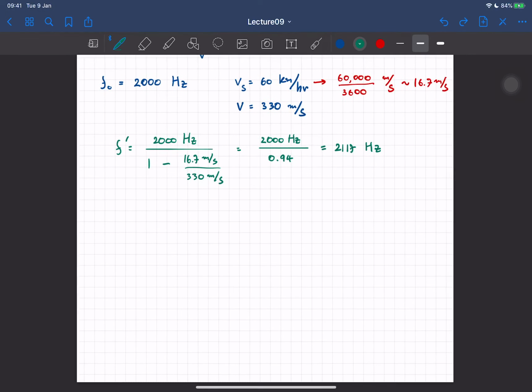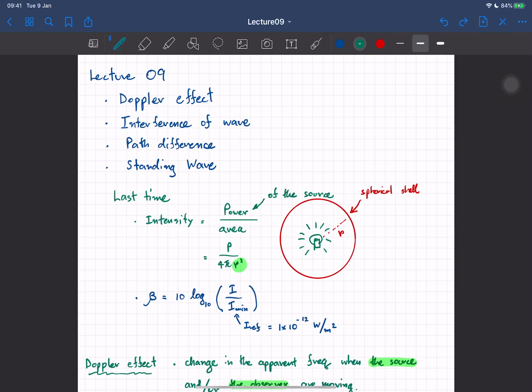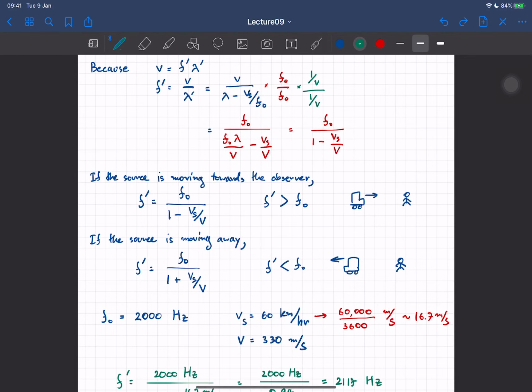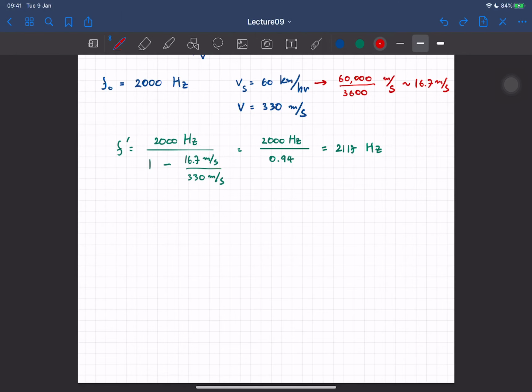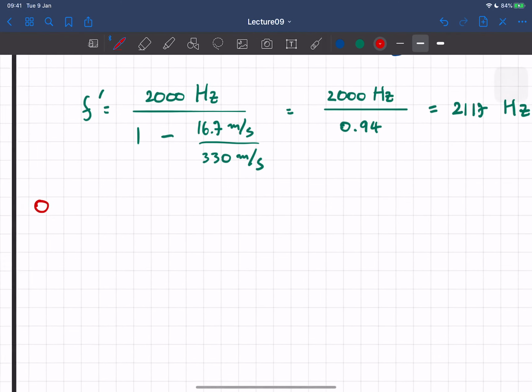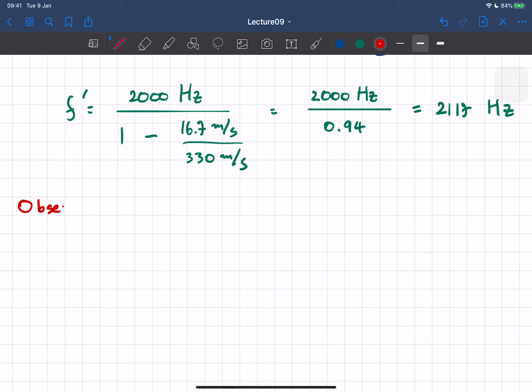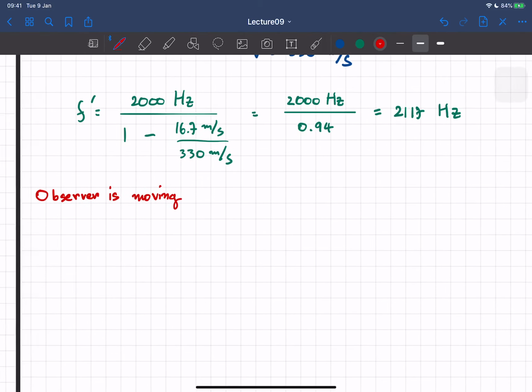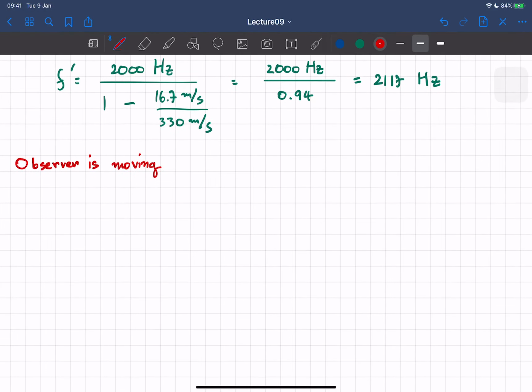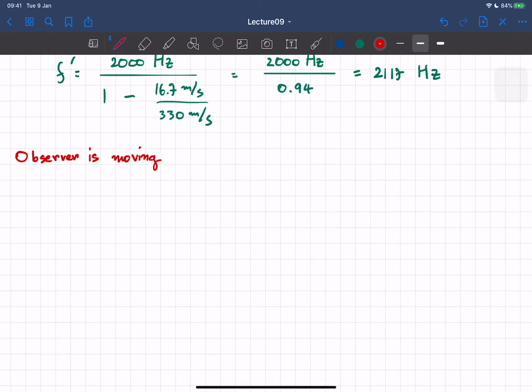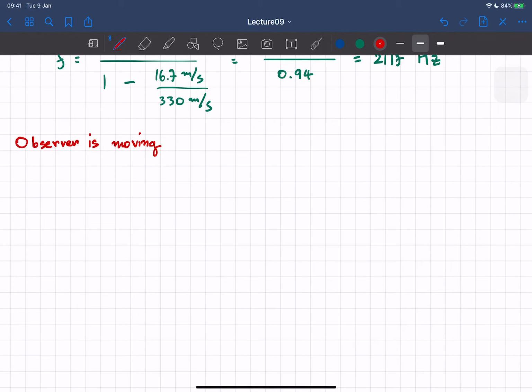The other case is when the observer is moving, and let's say the source is not moving. In the end, you can just combine the two cases together, so we don't need to do that at the same time. That's going to make things overly complicated.